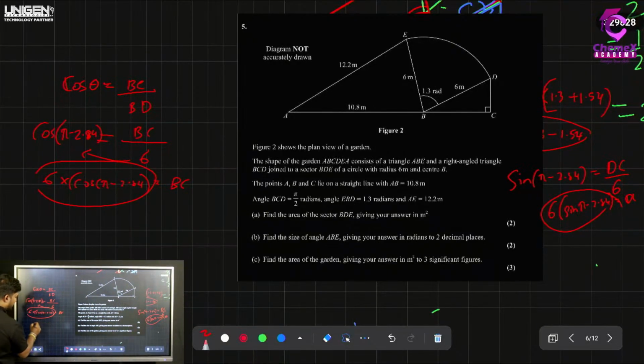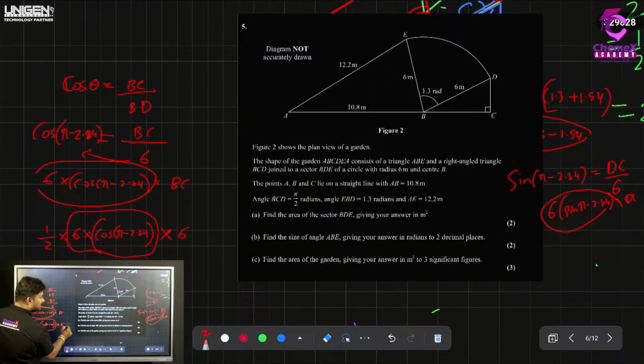DC. So half into what? 6 times cos pi minus 2.84 into, you have to type this at once, okay? Again into 6 times sine, make sure you are in red mode, 2.84.